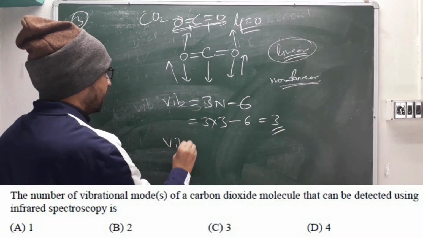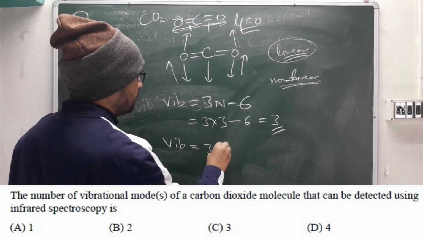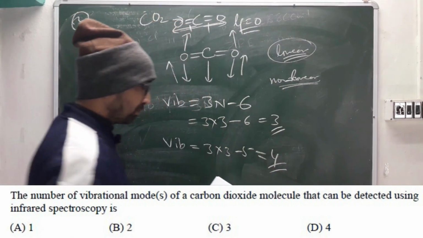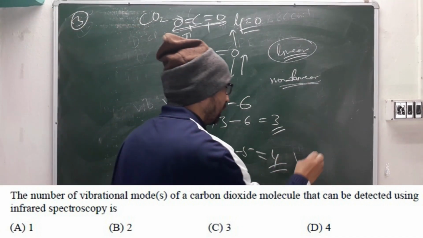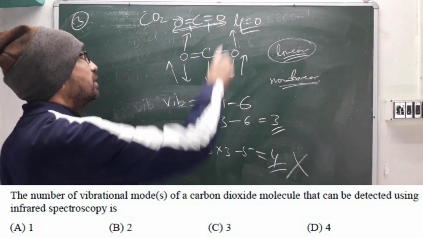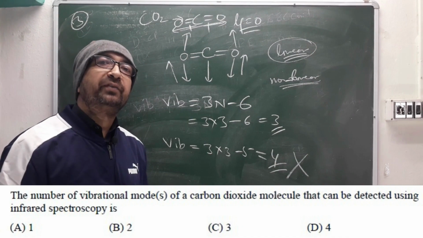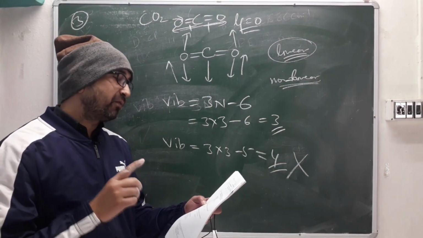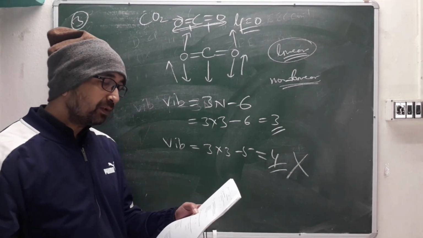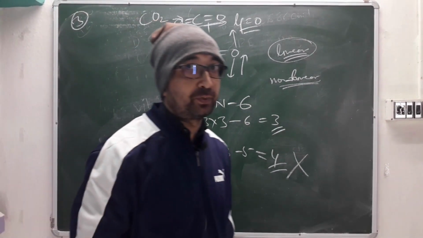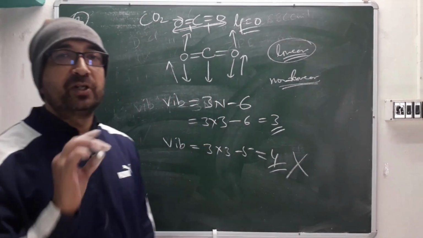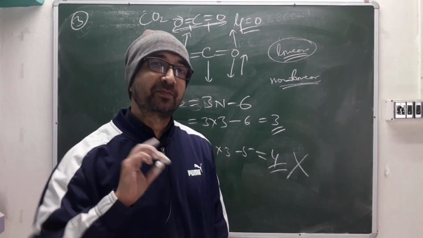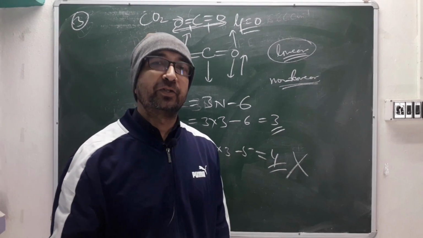The vibrational modes will be 3 into 3 minus 5, which comes to 4, and then you will mark option D. But it will be incorrect, because linear won't be infrared active, and they have mentioned in the question that it should be detected using infrared spectroscopy. Likewise, they will just modify their question. So be clever and find out what modification they are making in the question paper, correct?